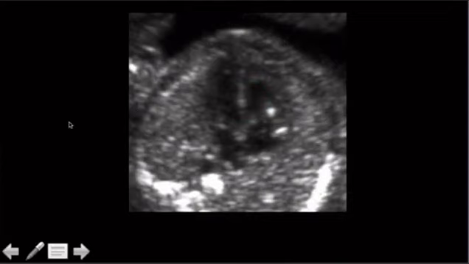Boom. All right? And then lastly, there's this thing. Boom. This is your echogenic intracardiac focus, or EIF. It's basically a calcification of the papillary muscle, usually the left ventricle, but you can see them all the time. They don't mean that much, but again, it's one of these soft markers.